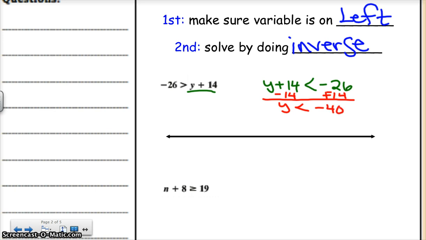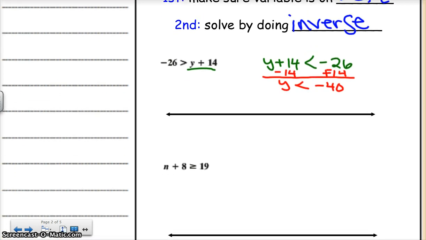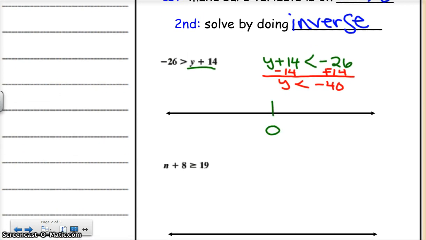Okay? And then you just mark it on the number line. Remember, I'm just going to go 0, the number I want, and its opposite. Y is less than negative 40, so I'm making an open circle at negative 40. And if I'm less, I go to the left.